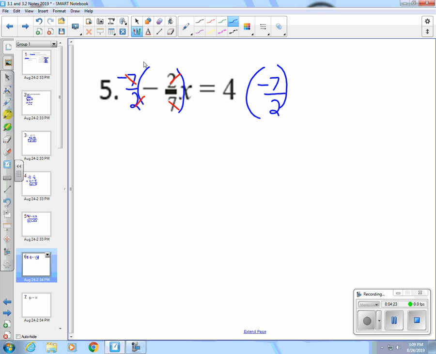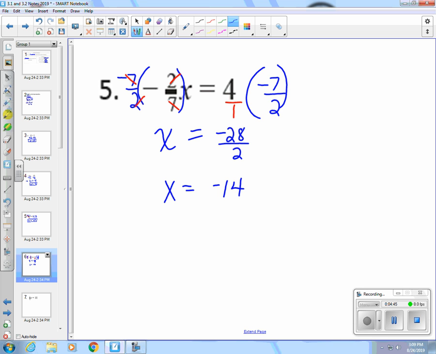So that's where those two fractions will cancel out, and we will have x on the left-hand side. On the right-hand side, think of this as 4 over 1 if you need to, and that way you can either say 4 times -7 is -28 all over 2, and thus x equals a -14.